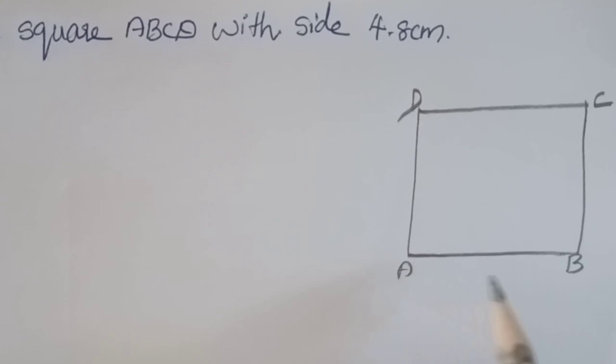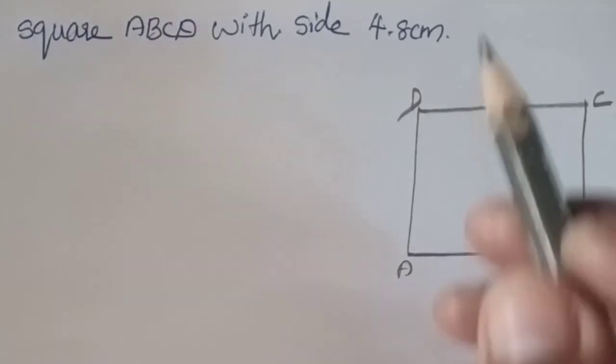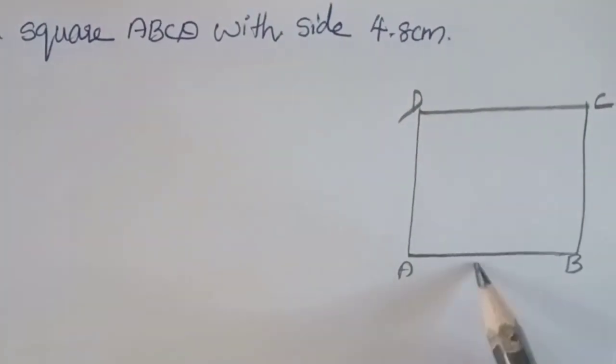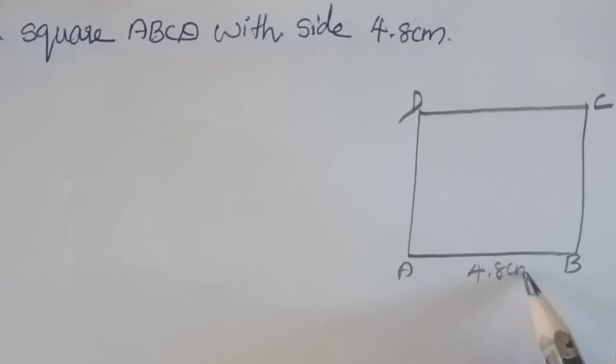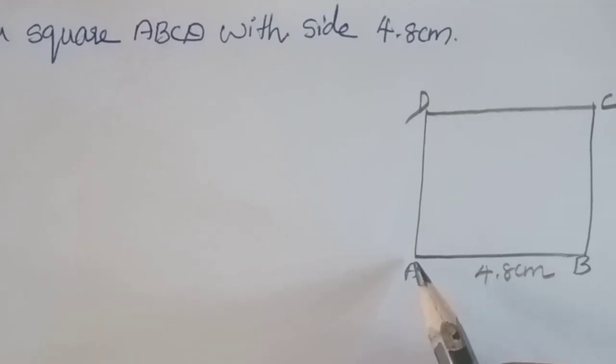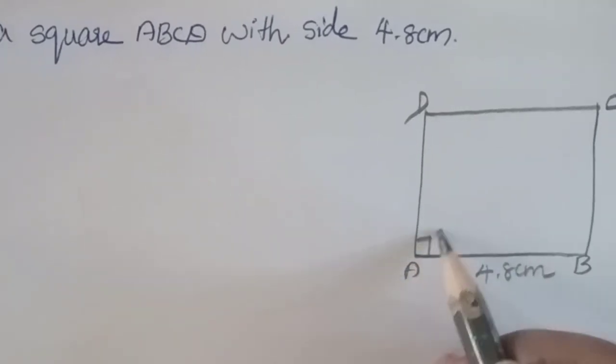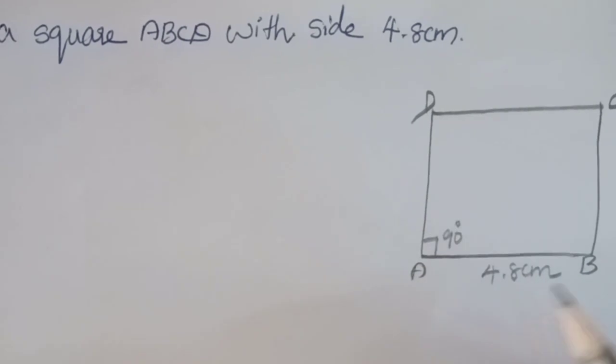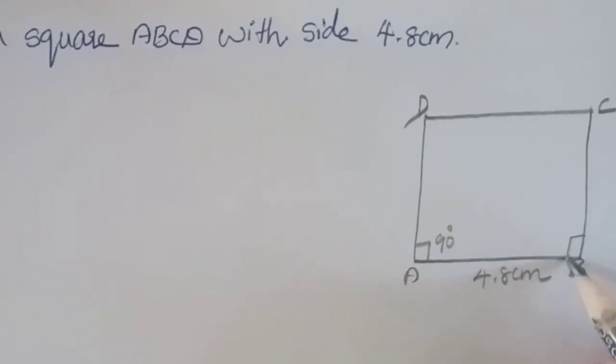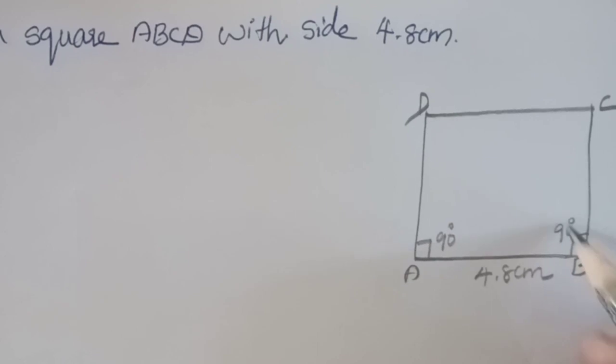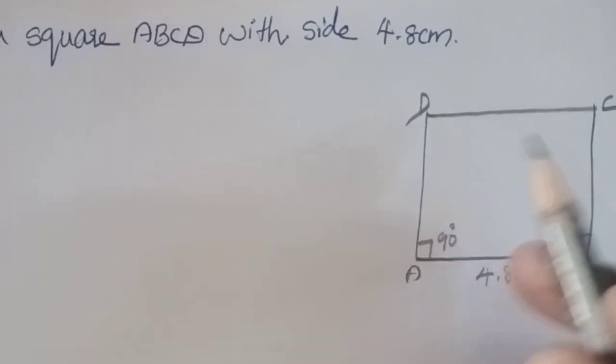First, draw a line segment AB equal to 4.8 centimeter. At A, measure angle 90 degree. At B, measure angle 90 degree. In a square, all sides are equal.